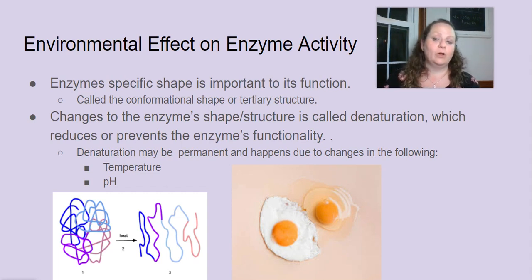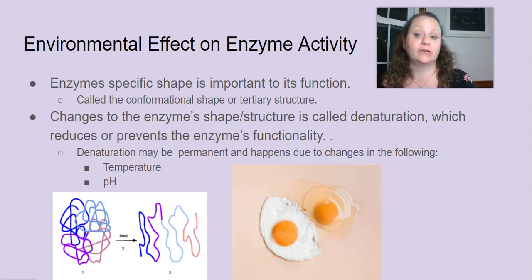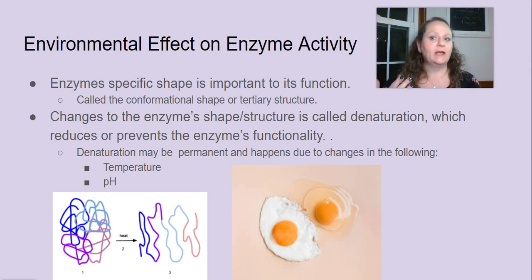Denaturation is what we call it when the enzyme shape or structure is changed to the point that it reduces or prevents the enzyme from functioning appropriately or correctly. That shape, by the way, of the enzyme, we call the conformational shape or the tertiary structure. So make sure you understand what those words are.